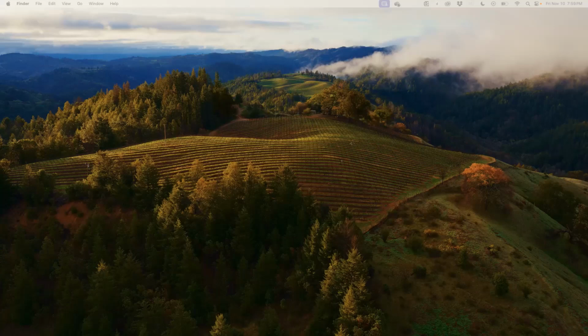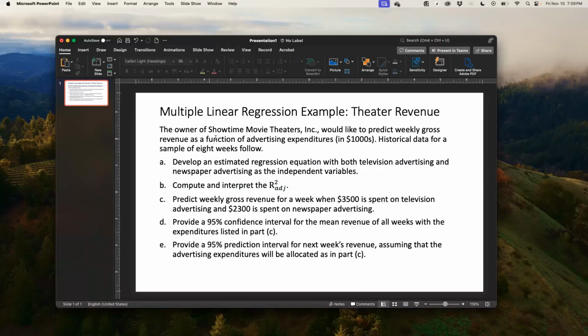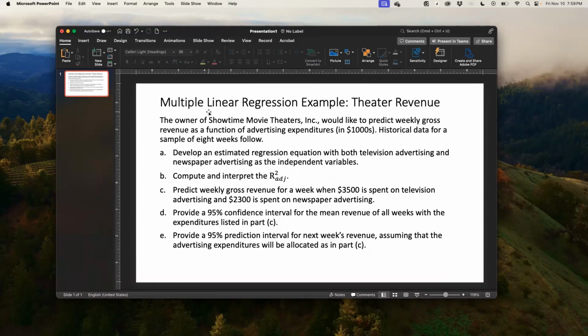In this video, we will be going through some examples on multiple linear regression, and I will walk you through how to use R programming to solve a multiple linear regression problem. First off, we will read through the example and get to understand what is required of us.